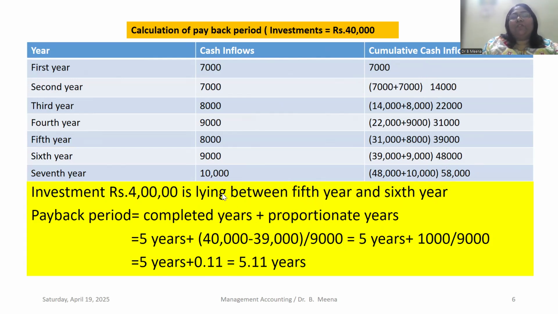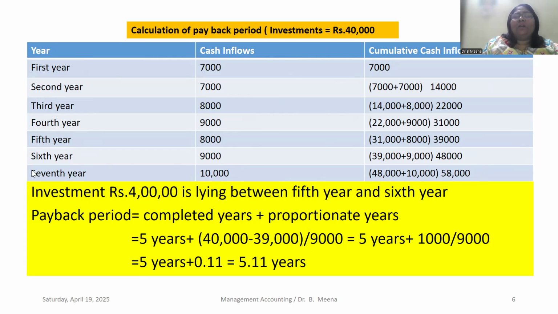Say, for example, in this problem the investment made was 40,000. That investment is lying between the fifth and sixth year. So 39,000 I am able to recover in the fifth year itself, and only 1,000 I will get from the next year. So I need to work out the proportion: 1,000 divided by the sixth year cash inflow, 9,000.